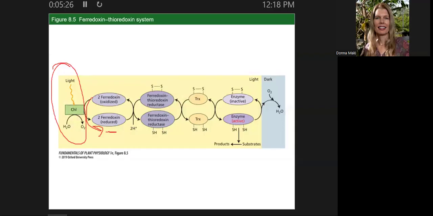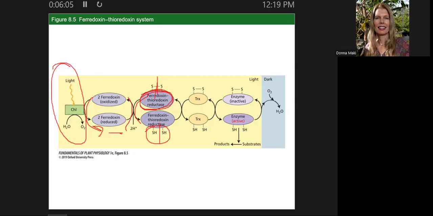And then what you have to do is look at the arrow coming off of ferredoxin here, how it swoops like this. What they're trying to show is that ferredoxin gives the electron to ferredoxin thioredoxin reductase. And when that gets the electron, it breaks that disulfide bond. And so now you have those sulfurs reduced. So there's this swooping, so to speak, of the electron, and that will reduce those sulfurs.